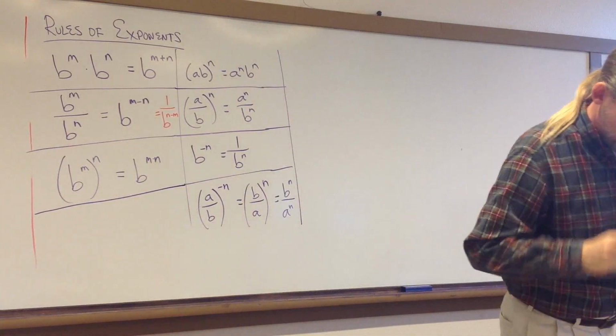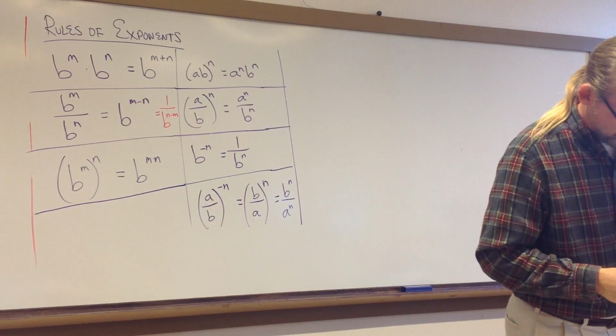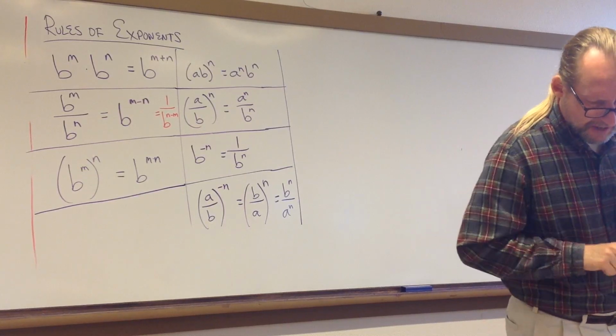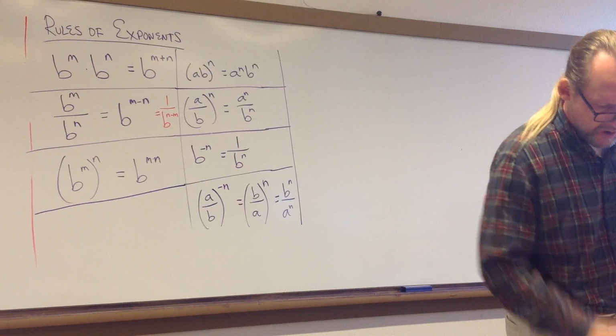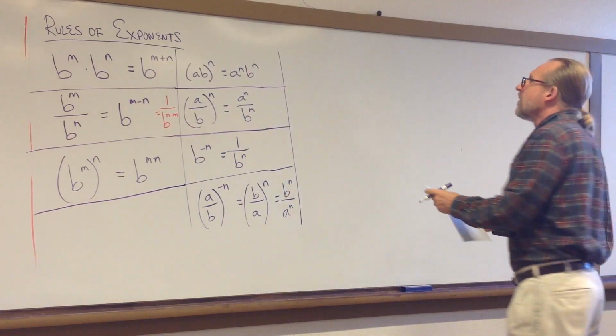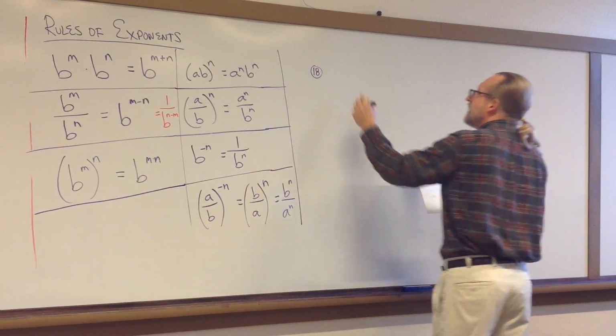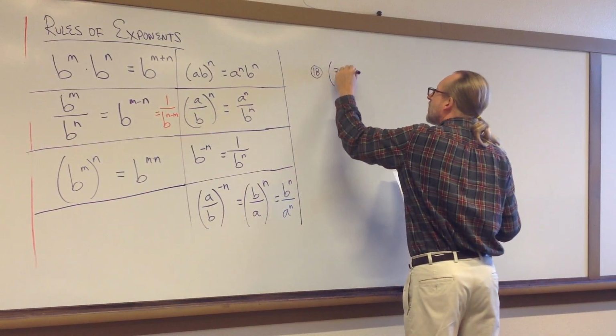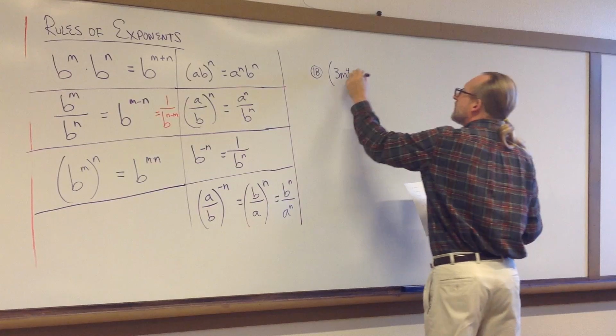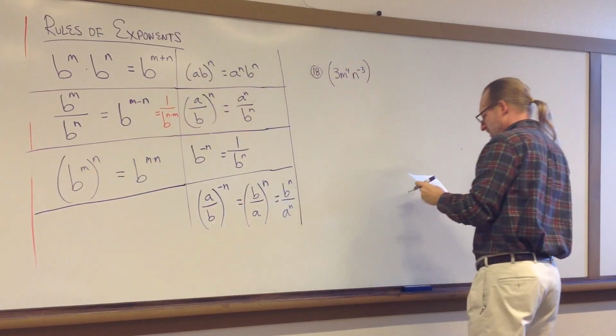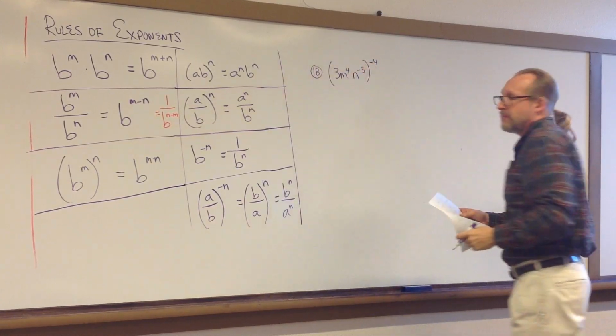Okay, let's keep going. Yes, problem 18. Problem 18 says (3m to the 4th n to the negative 3rd) raised to the negative 4th power.